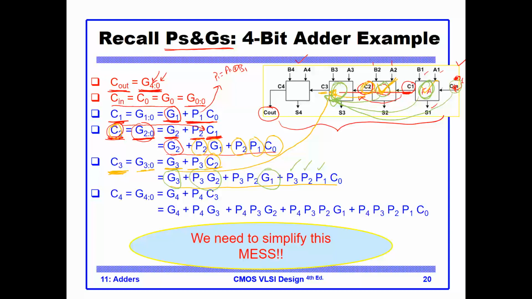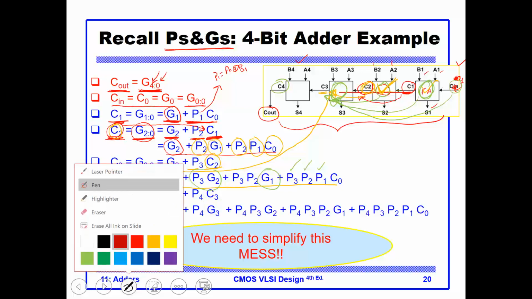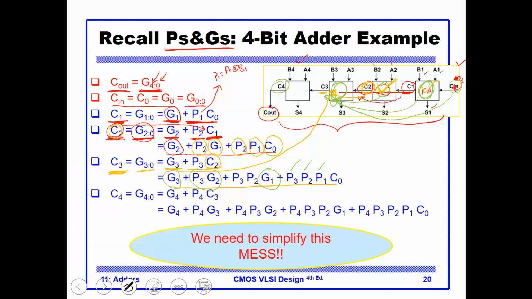Okay, finally, how about C4 here? So C4 here, which is C out, is equal to the group generate of a carry from 4 to 0. And how is this computed?